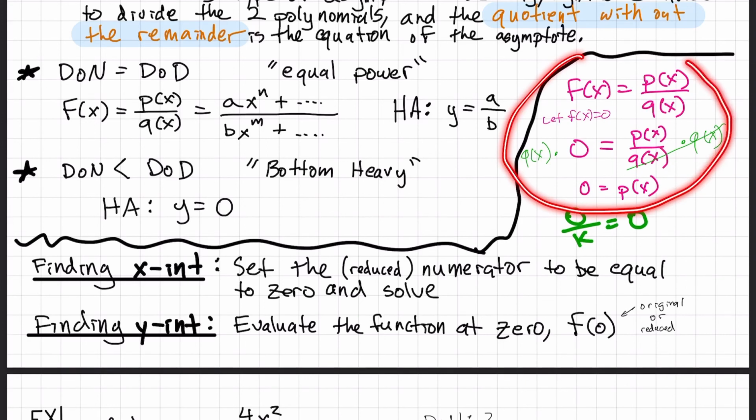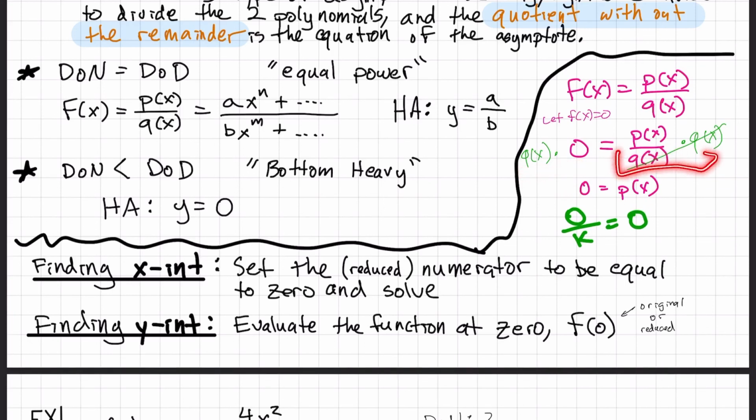Here's a little bit of a proof for it. If I have a function, p of x over q of x, and I know that this equals 0, well then I could multiply both sides by q of x, and q of x times 0 is 0, so it does not matter what this denominator is. This denominator is affecting quite a lot of things, but it is not affecting the x-intercepts.